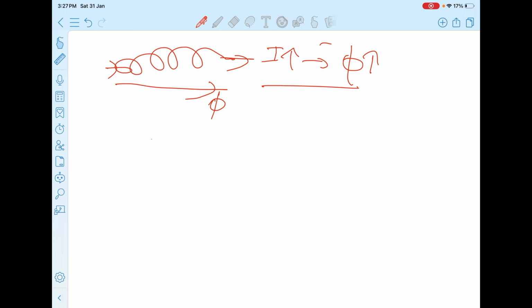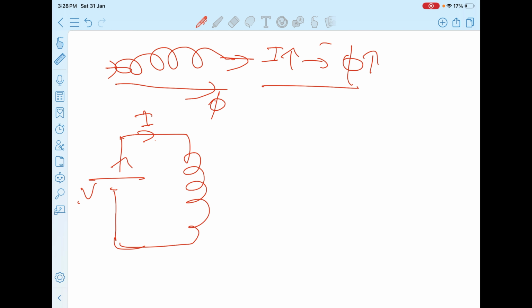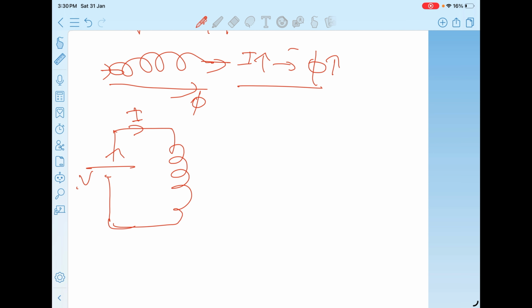For example, if this is the inductor and you are producing a current because of some voltage source, the current direction will be in this way, and the induced EMF or induced flux direction will be in such a way that it tries to oppose the cause. For example, this current is creating a flux direction in this way. This is the flux direction.